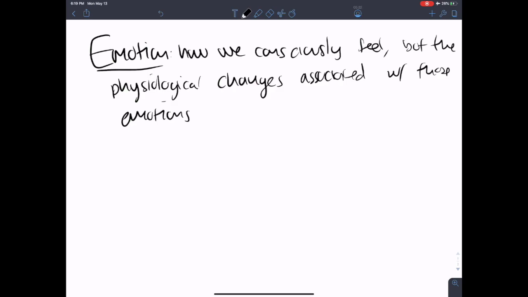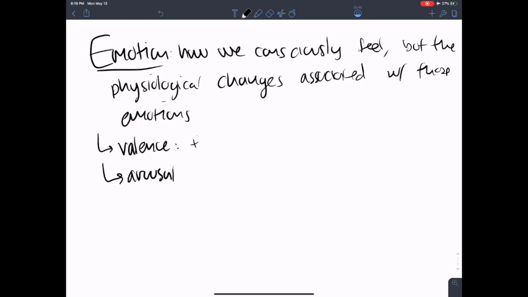So we can categorize emotion two different ways. Emotion can be categorized based on its valence and arousal.